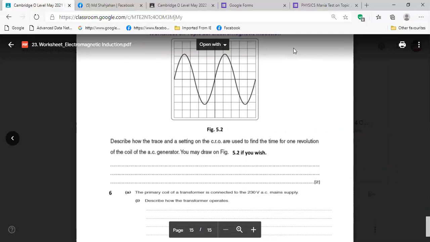Describe how the trace and a setting on the CRO are used to find the time for one revolution of the coil of the AC generator. You may draw on the figure if you wish. So this one you already know, right?